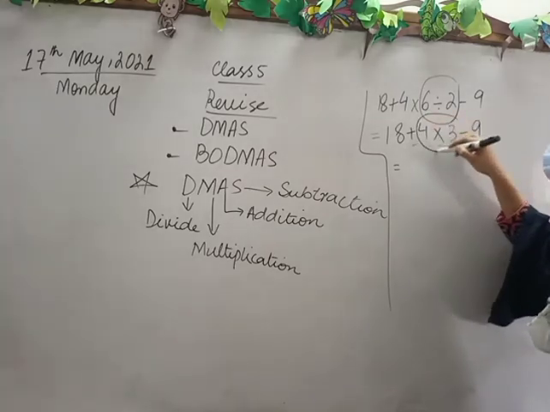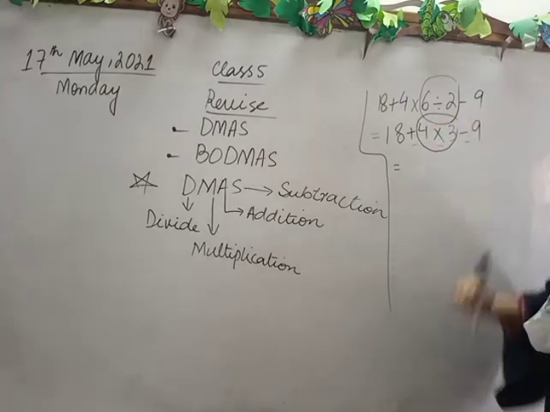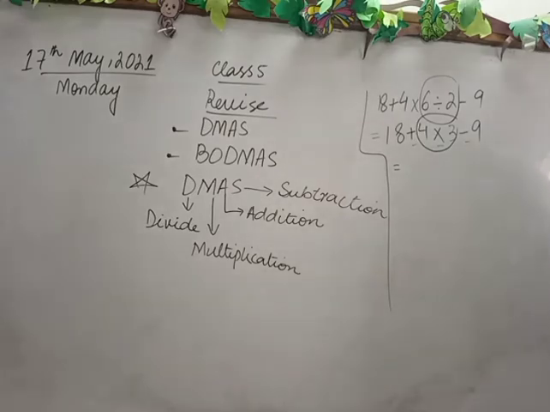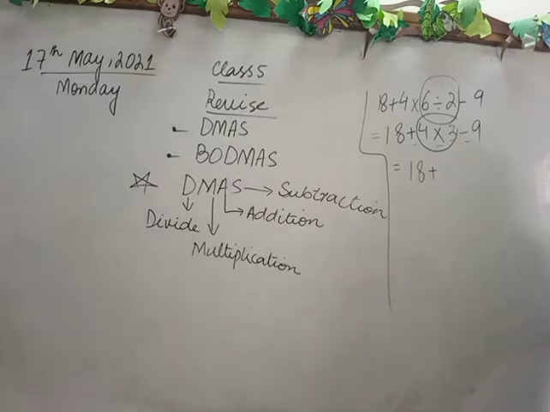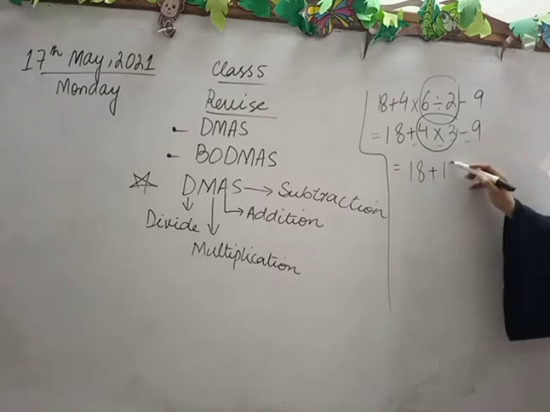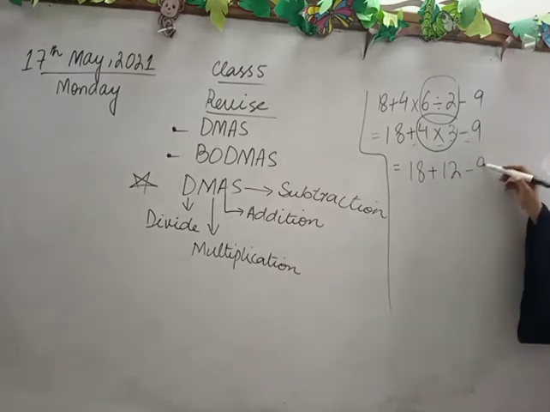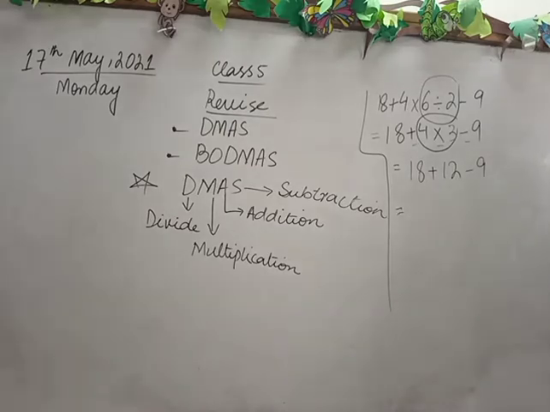We will first solve this portion where multiplication is lying. Okay? अब यहाँ पे multiplication कहाँ पे involve हो रहा है? 4 and 3 के मिड में. So it means 4 3 times 12. 4 3 times 12. 18 as it is आ जाएगा. Plus 4 3 times 12 minus 9 as it is. Is it clear? This is how we can solve a question according to DMAS rule. Clear है ये सबको? Fine.